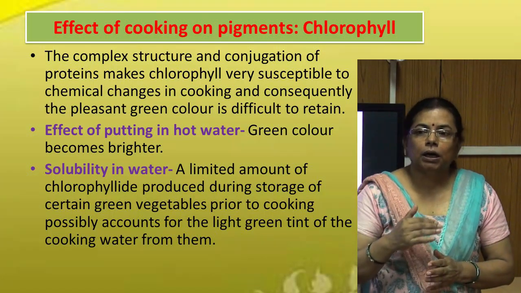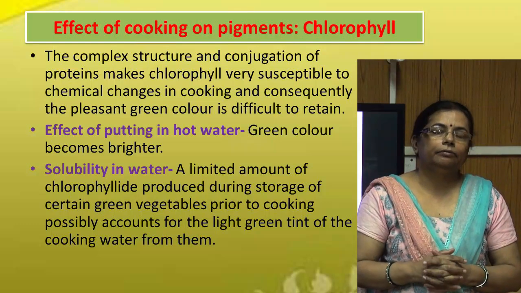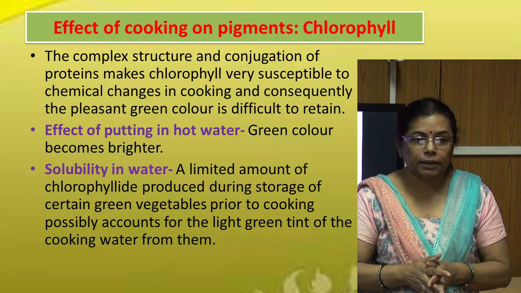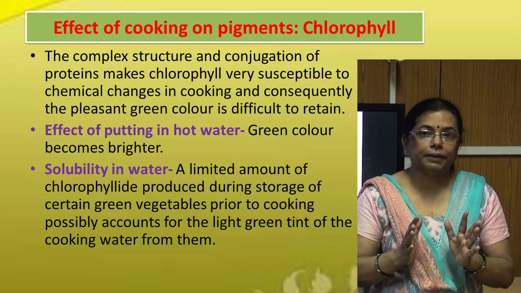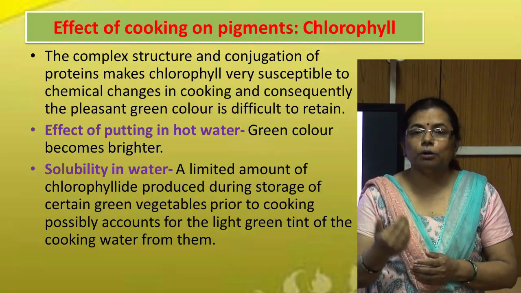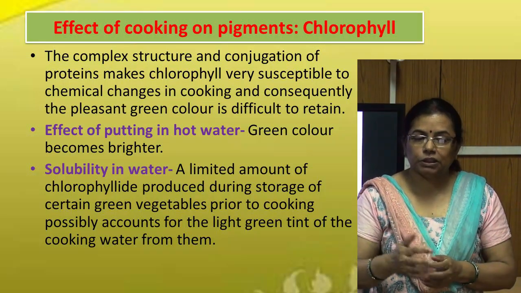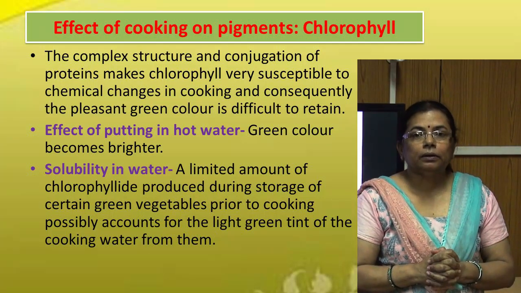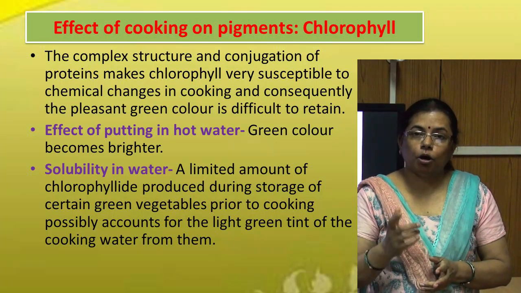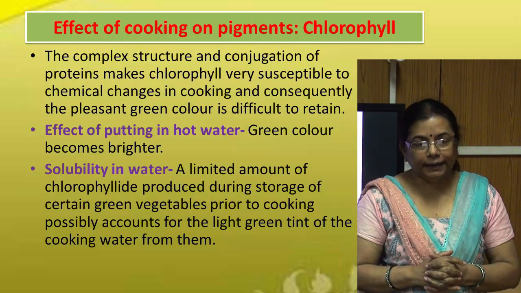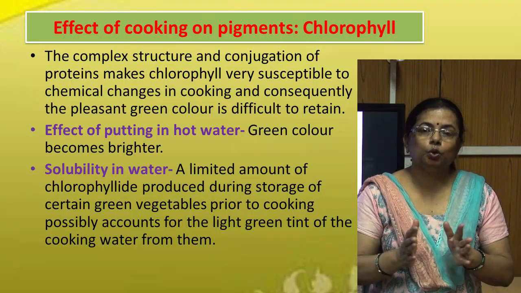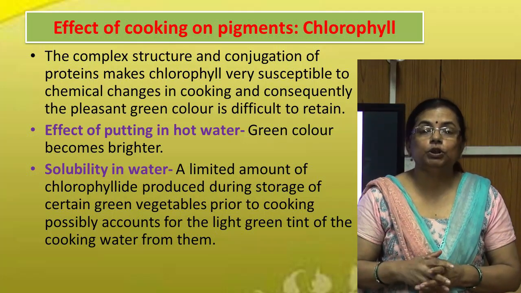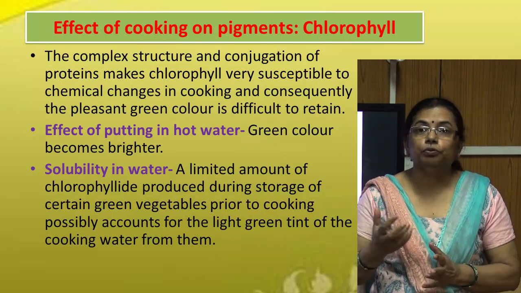When chlorophyll containing green leafy vegetables or other vegetables are put in boiling water, the green color becomes brighter due to the expulsion of the air from the intercellular space. Second, when chlorophyll is acted upon by the enzyme chlorophyllase, the phytyl group is removed by hydrolysis and the resulting compound is chlorophyllide, which is water soluble.